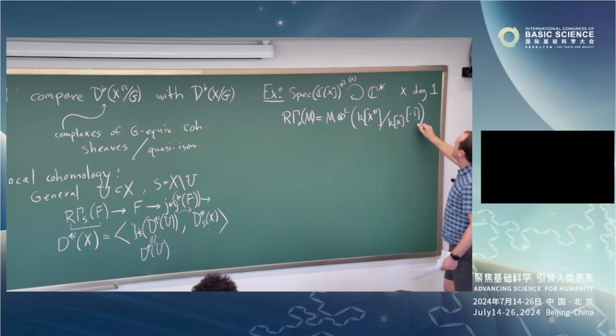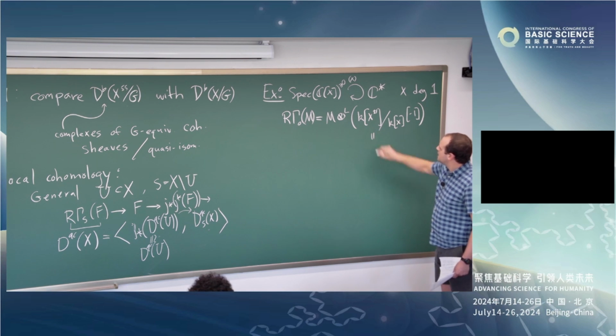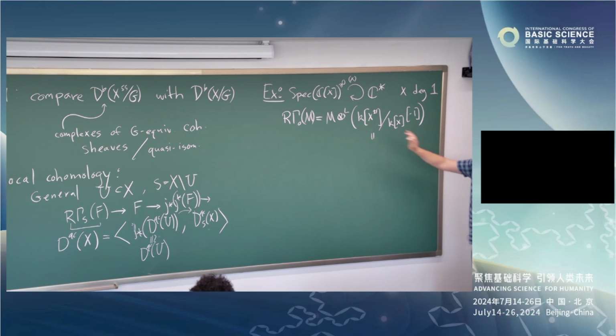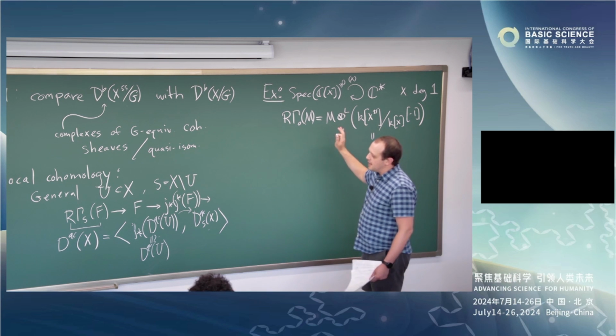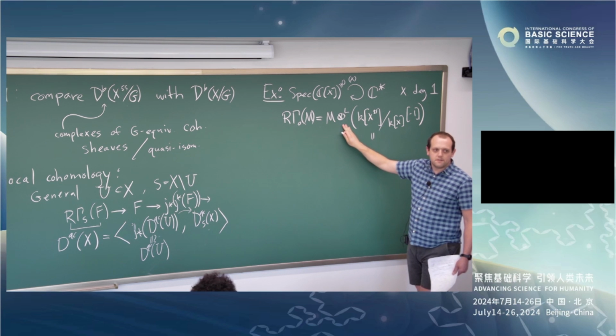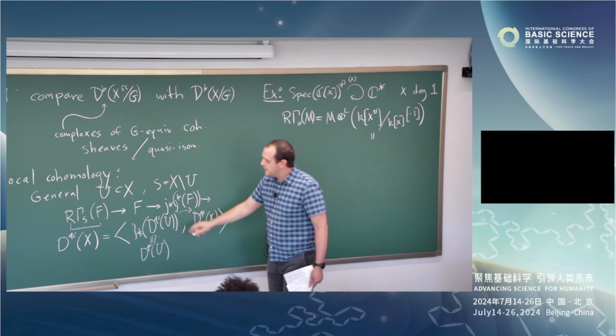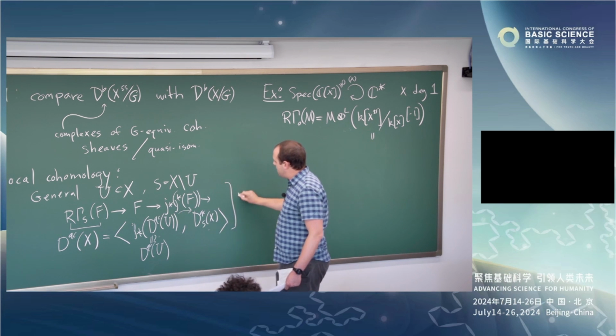So there's a little calculation that you can do. And now the important observation is that this is not a bounded coherent sheaf. So this has infinite dimensional cohomology. And so this kind of decomposition, this basically never happens.